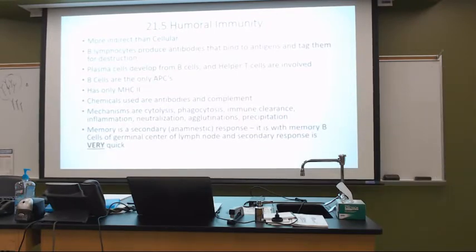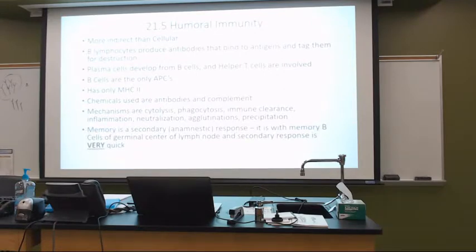Do you remember how when we were talking about the structure of a lymph node, it has the outer portion, which is the cortex, the inner portion, which is the medulla, and the outer portion had these little pockets called the germinal centers? That's the point that the B cells can reproduce very quickly. If they have generated a memory, that little pocket area is where they can be to generate more and more of those antibodies to go fight the pathogen again.